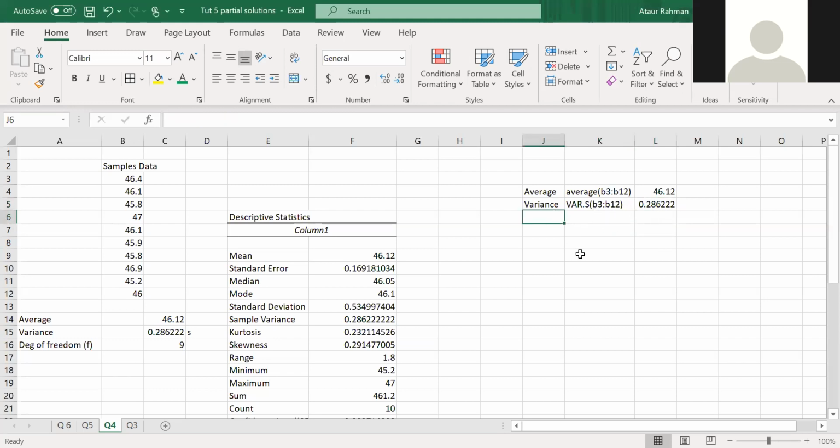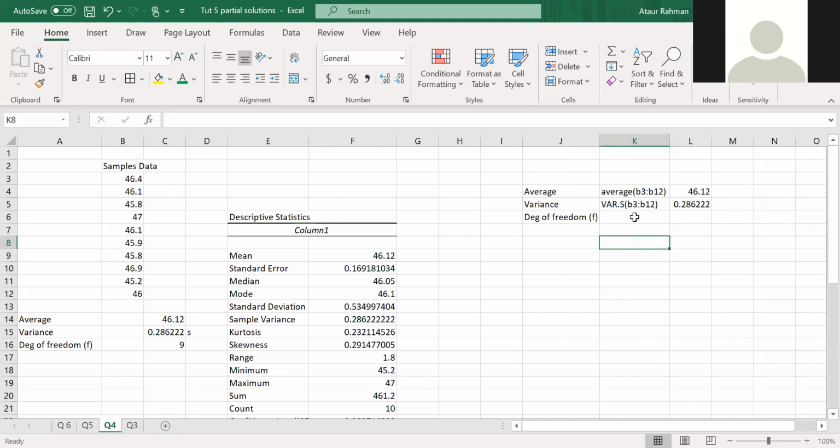So variance is there. Then degree of freedom. By the way, degree of freedom is written as F in statistics in this kind of subject. Degree of freedom is basically n minus 1. If you want to find n minus 1, then we need to find the sample size, n.